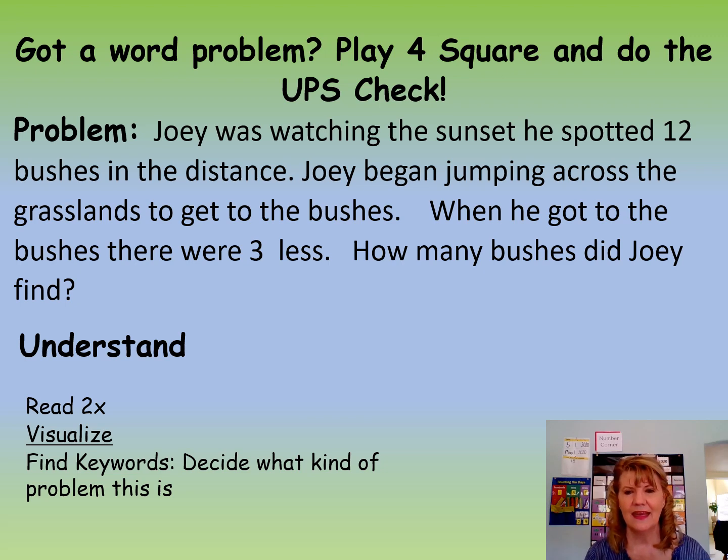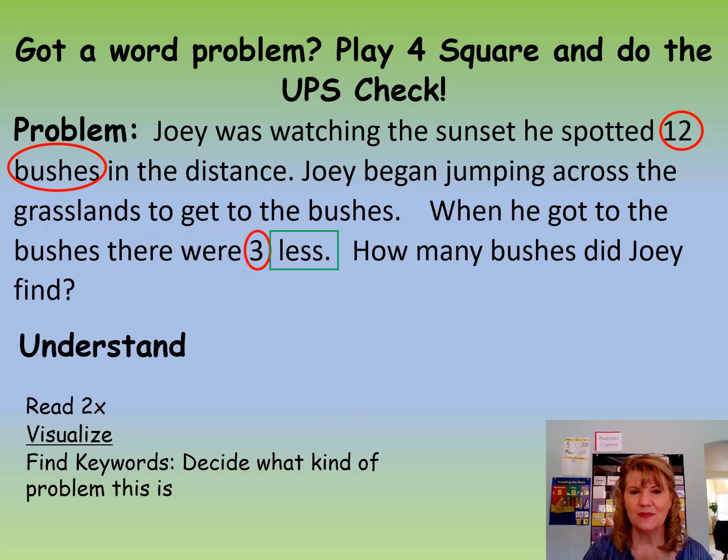And then getting closer to them and discovering there were less? Well, I wonder what kind of problem this is. To figure it out, always circle the numbers and what you're going to be adding or subtracting. The next strategy you'll do is box the key words.